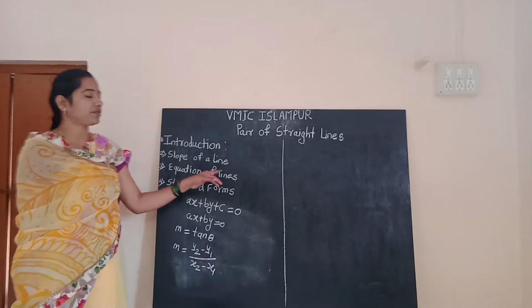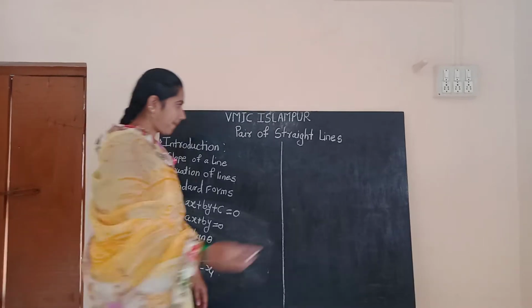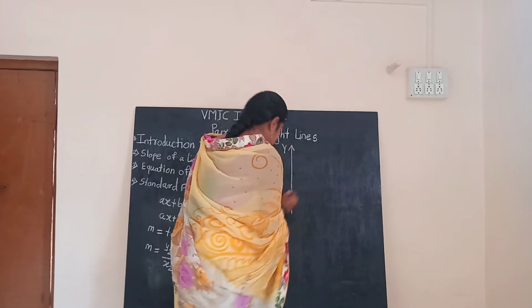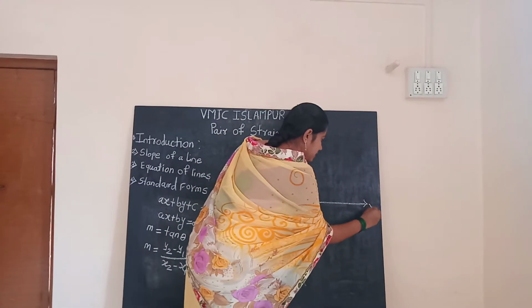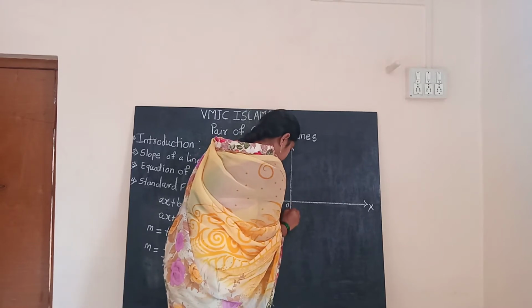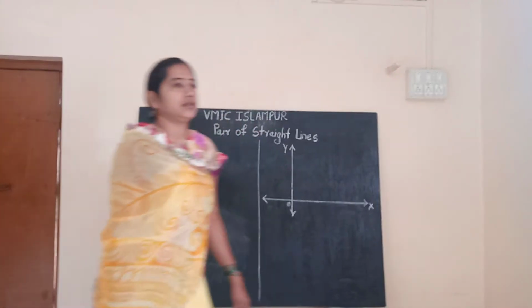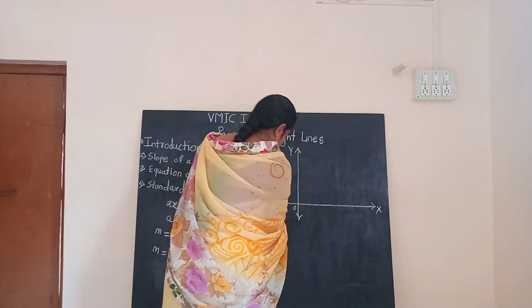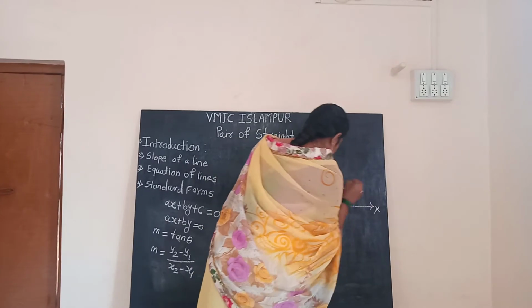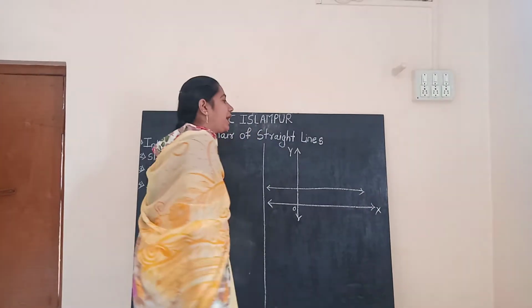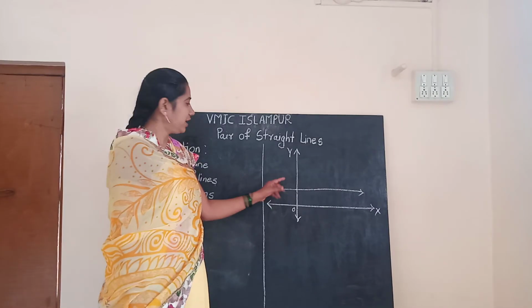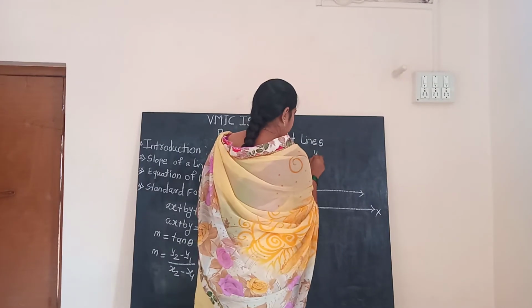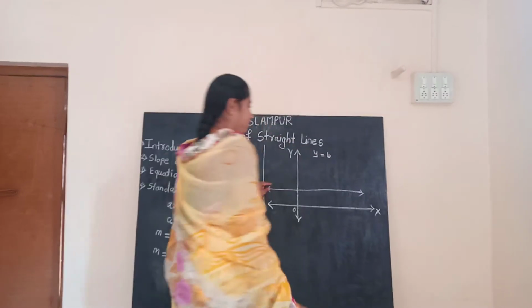Next, equation of a line. We know that there are two axes. This is the y axis and this is the x axis. Suppose we have to draw a line parallel to the x axis, then the equation of this line becomes y is equal to b.